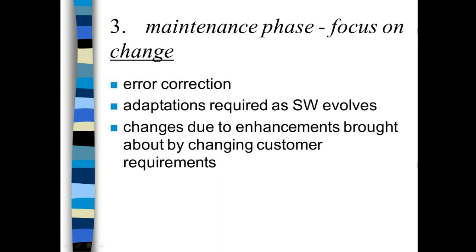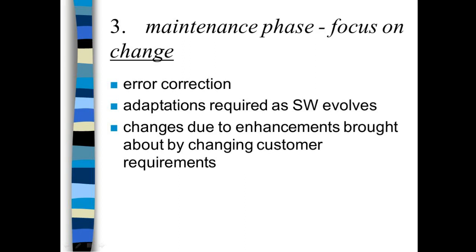In the third phase, the maintenance phase, we have to focus on change. The steps we need to follow in this phase: we have to check for errors in the code developed in the second phase, and we have to see the adaptation required as software evolves. The third task is changes due to enhancement brought about by changing customer requirements.